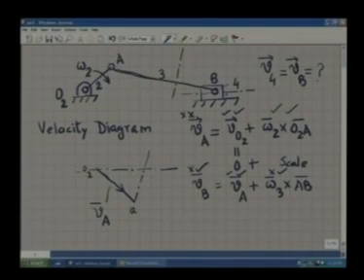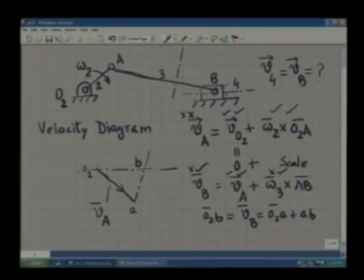The intersection of these two lines must determine the point small b such that the vector o2b represents the velocity of the point B, VB, which is, as we see, vector o2a plus vector ab, where o2a represents velocity of the point A and the line ab represents omega 3 cross AB.